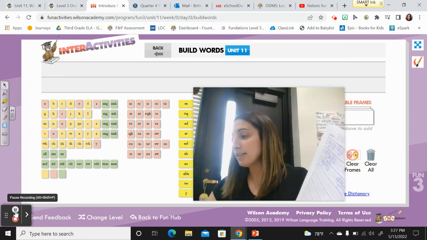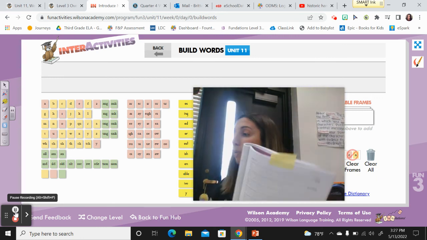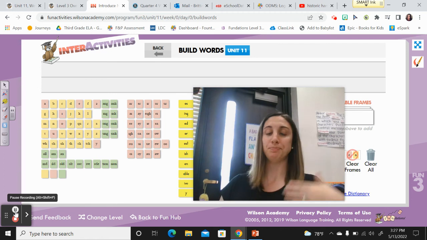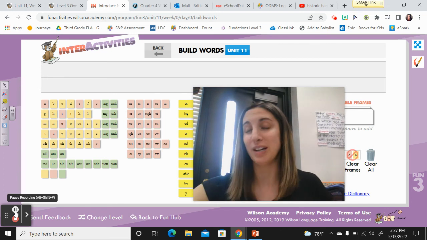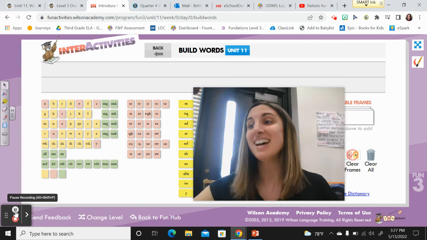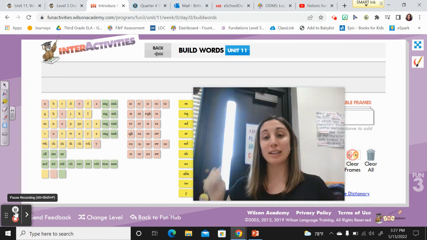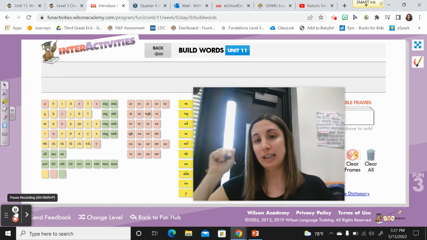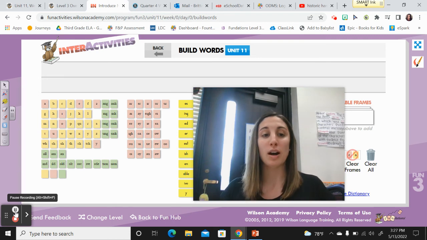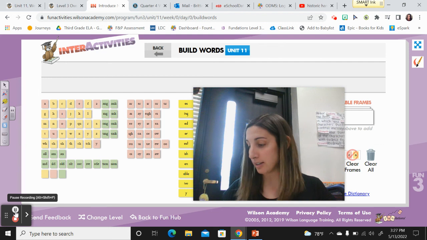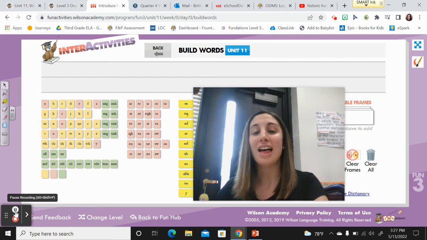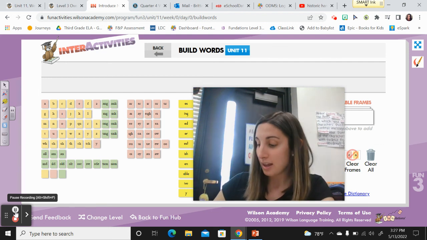Okay, the next section is contraction words. What we're going to do is I will give you a contraction, and you are going to write the contraction first, equals the 2 original words. Okay, so the first contraction is they'll. Say it. They'll be happy if they get a good grade.